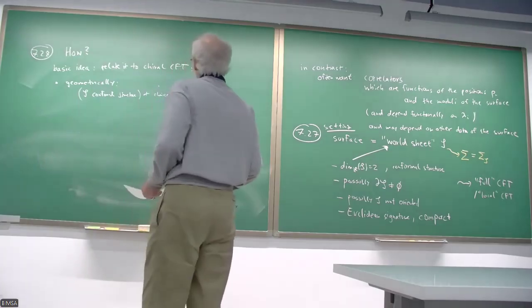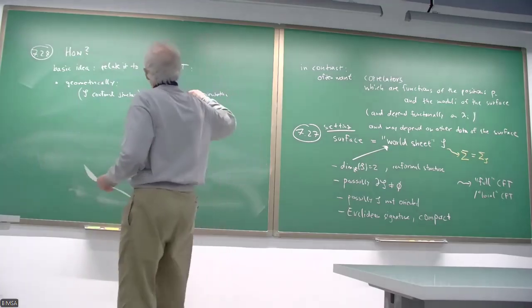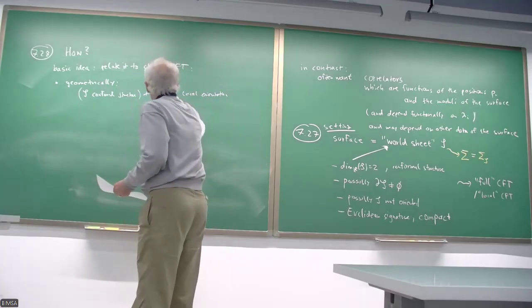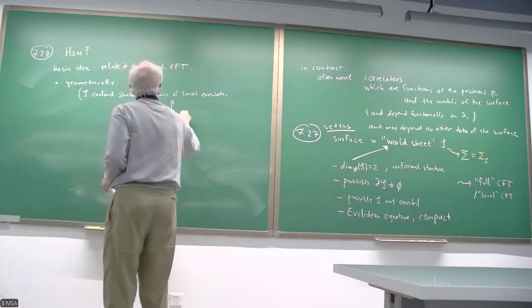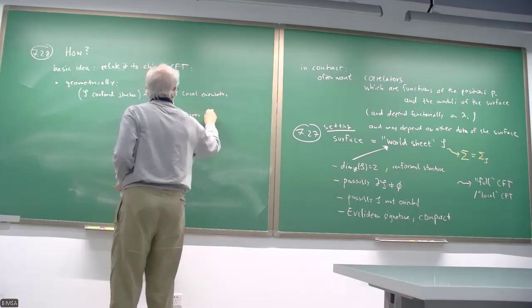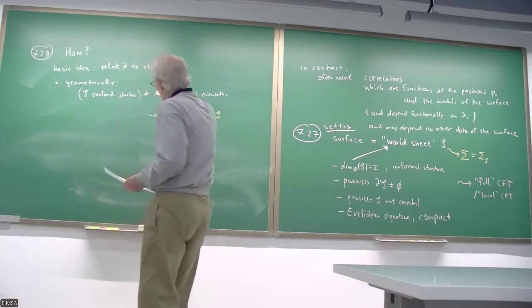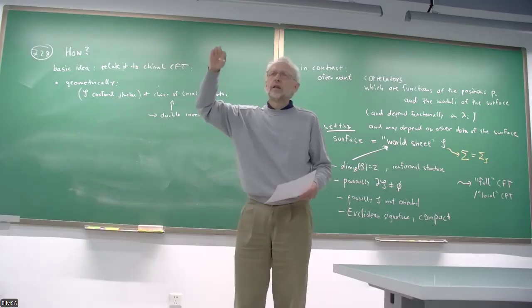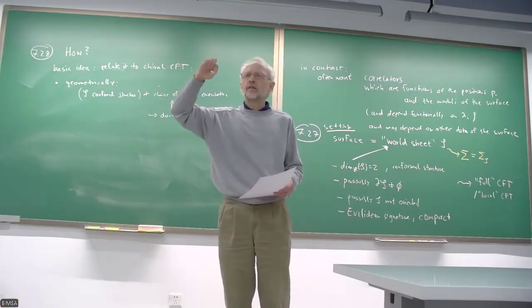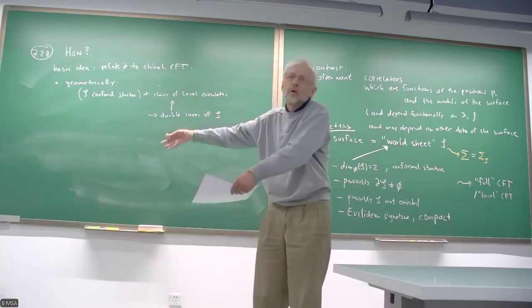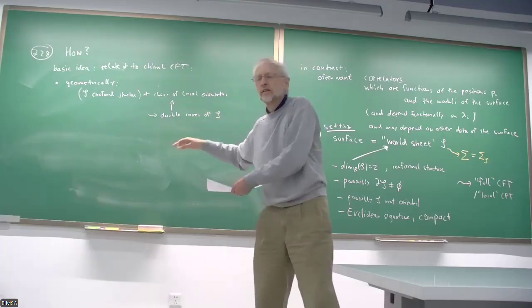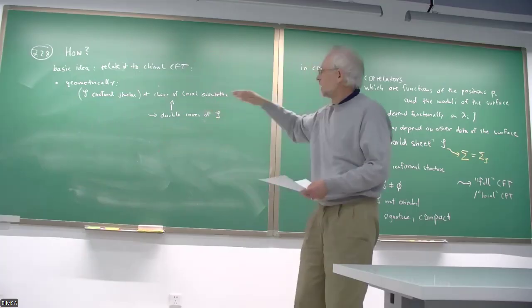In the simplest case, where I can do this locally, I will get it directly, because there are two choices. So we will deal with a double cover of S. In the simplest case, this will just be a disconnected sum of two copies of the underlying surface.